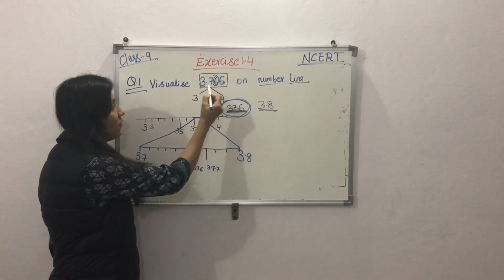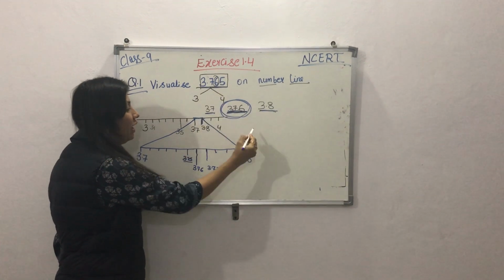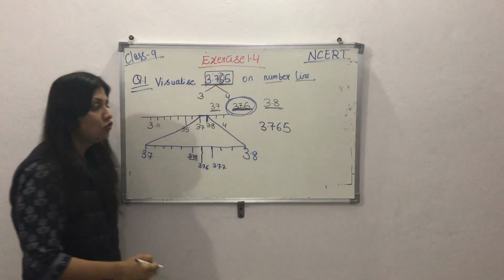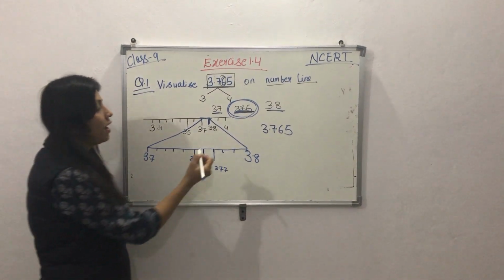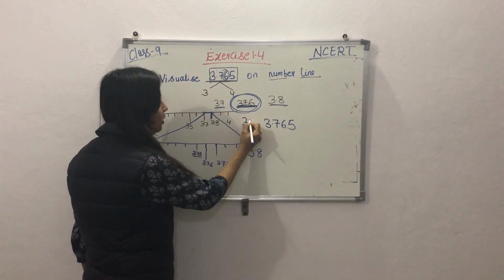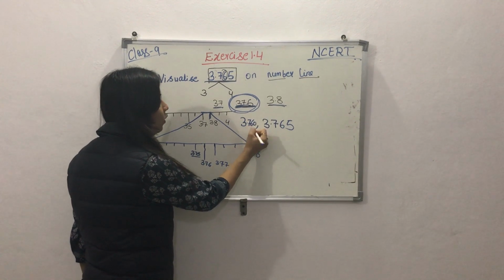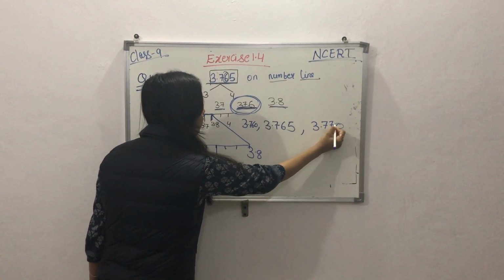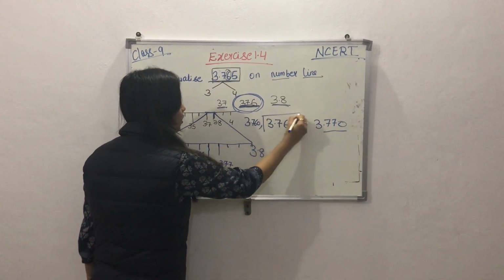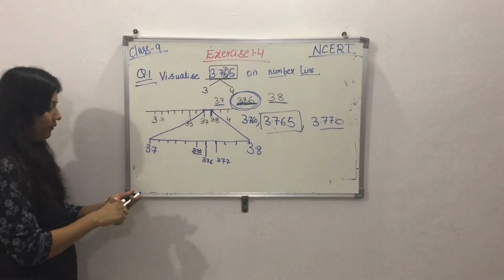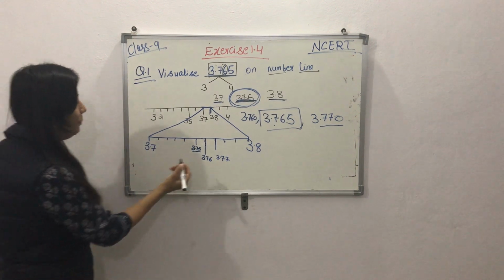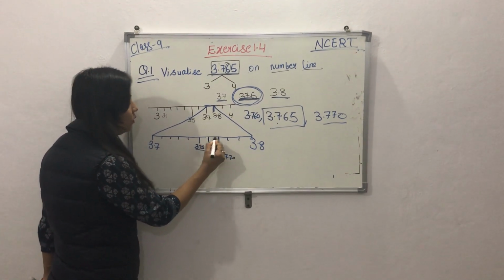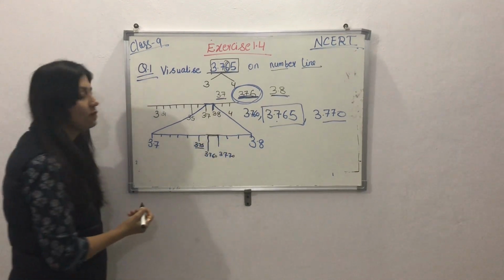I want 3.765. So 3.765 will lie between 3.760 and 3.770. Right? So now I will take this part, 3.760 and 3.770, and magnify this part.